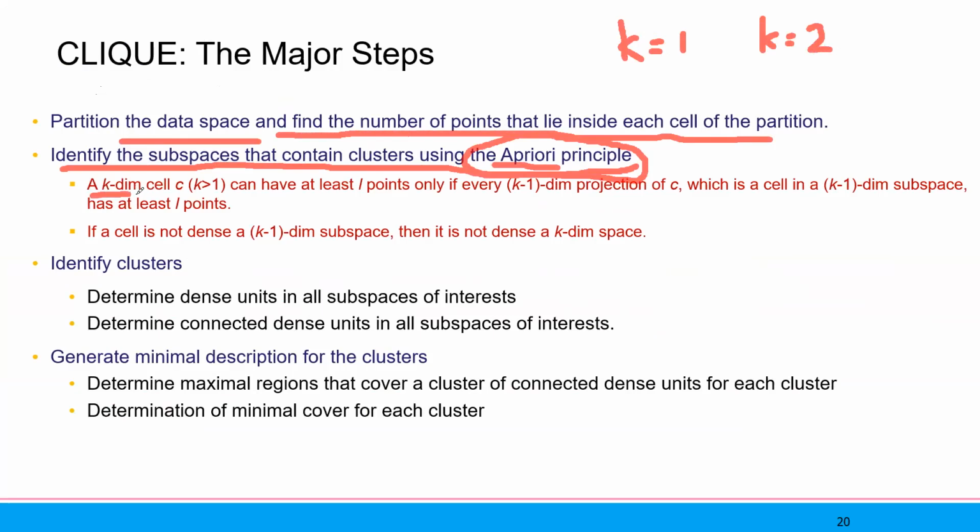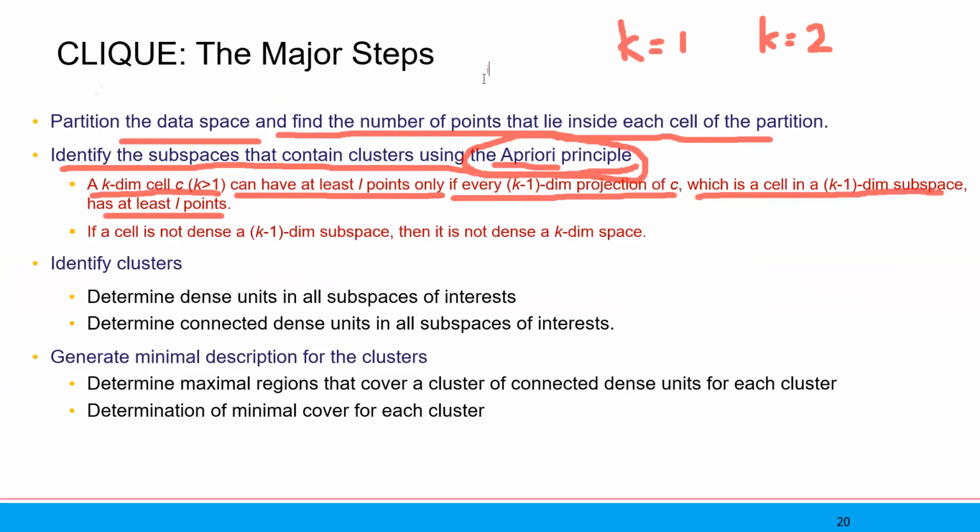So a k-dimensional cell C, where k is higher than 1, can have at least L points only if every k minus 1 dimensional projection of C, which is a cell in the k minus 1 dimensional subspace, has at least L points. So this idea is the same as the a priori principle.